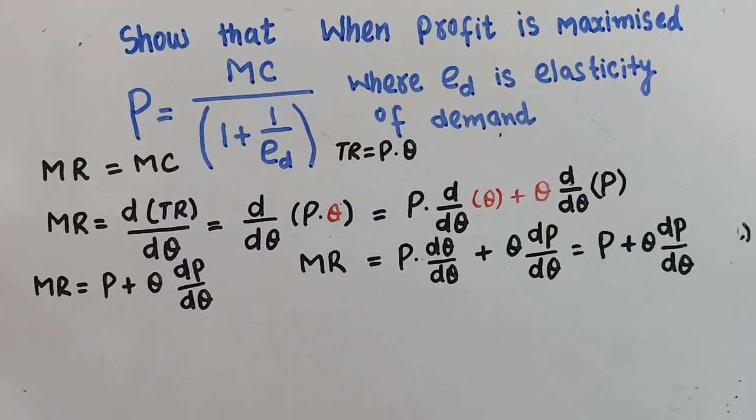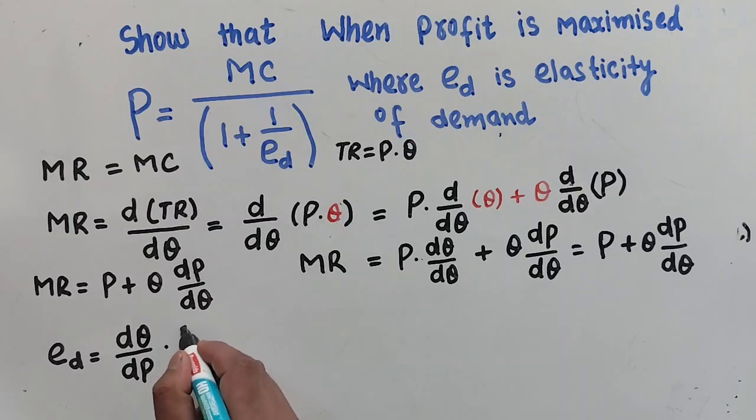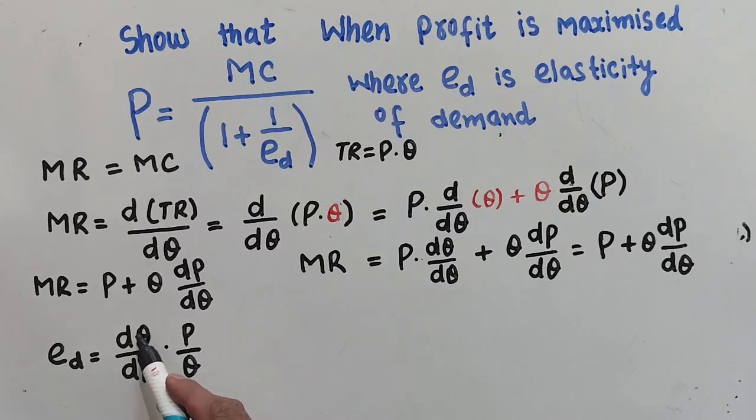Also we know that elasticity of demand is given by the change in the quantity demanded due to change in the price into P upon Q. We know that very thing also. Now let us solve it for dq upon dp.